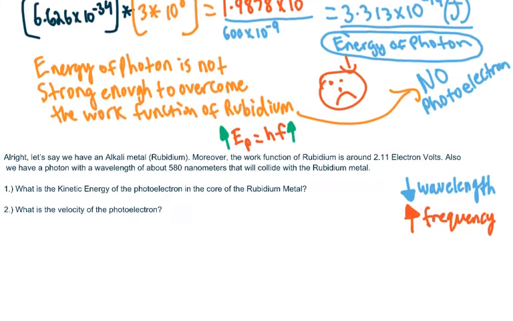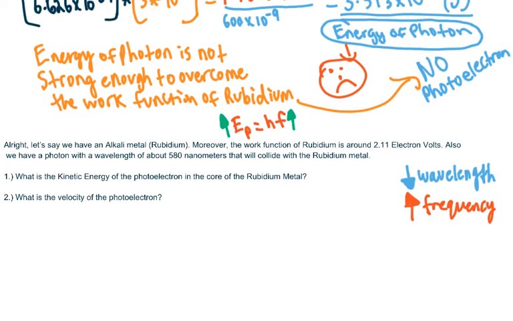Again, let's write the equation down real quick. Kinetic energy is equal to the energy of the photon minus the work function of the metal.